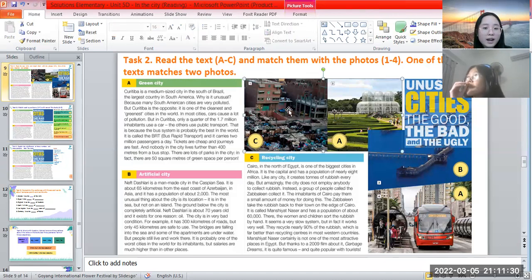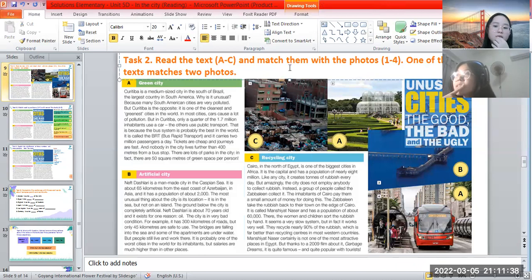So can you tell me why you chose paragraph C for the first picture? Where can you find the information? Because it creates tons of rubbish every day. Okay, so it has a lot of rubbish here. Anything else?